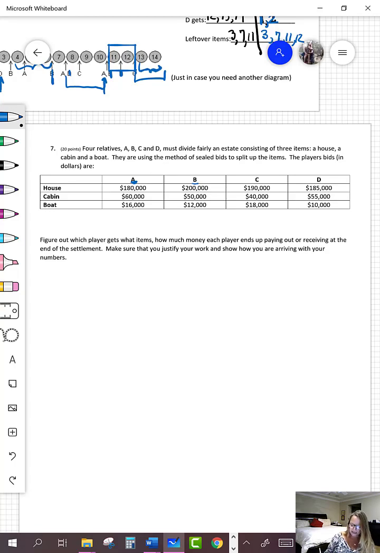Okay, so looking at this, the person who gives the highest bid for an item gets it. And so if we look at the house out of $180,000, $200,000, $190,000, $185,000, B gives the highest amount, and so player B gets the house. Okay, so now let's go to the cabin. We have $60,000, $50,000, $40,000, and $55,000.